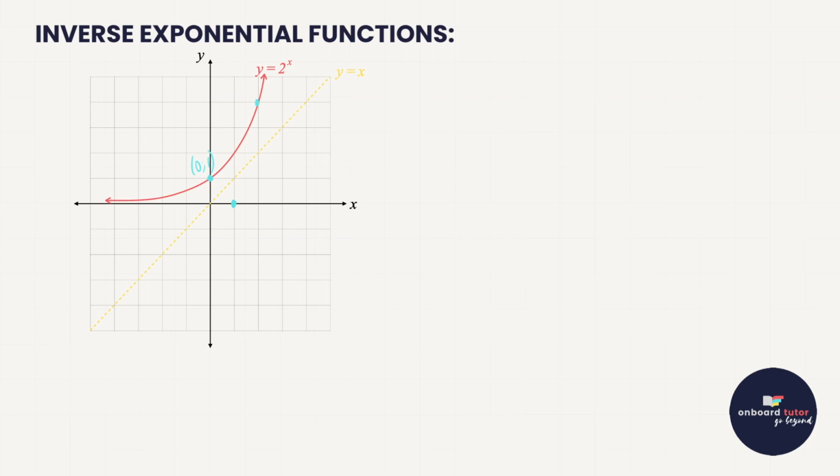Then let's take another point. Here's a point 2 on the x-axis and 4 on the y-axis. And when we reflect that and get the inverse, it'll be 4 on the x-axis and 2 on the y-axis. Okay, so we've got 2 points so far. Let's take one more point down here so that we can figure out what's going to happen in this region.